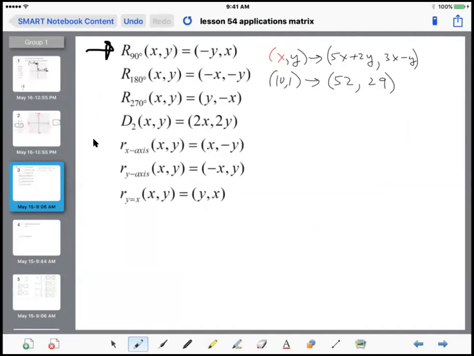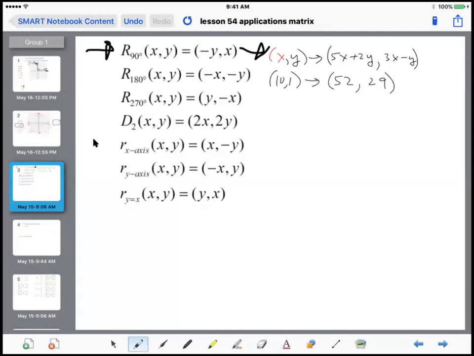And we can see here the 7 transformations, plus I made up an 8th transformation, which I'll be using as an instructive example. (x, y) turns into (5x + 2y, 3x - y). So that's a complicated transformation. It's not quite a rotation, not quite a reflection or a dilation, some kind of weird other thing.